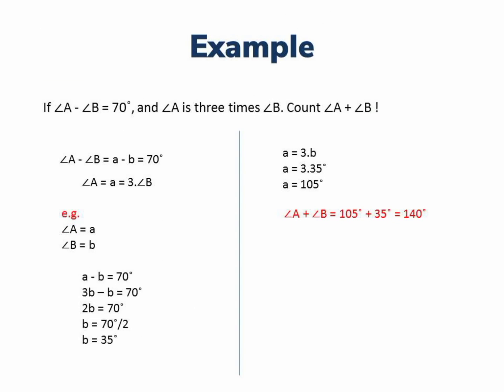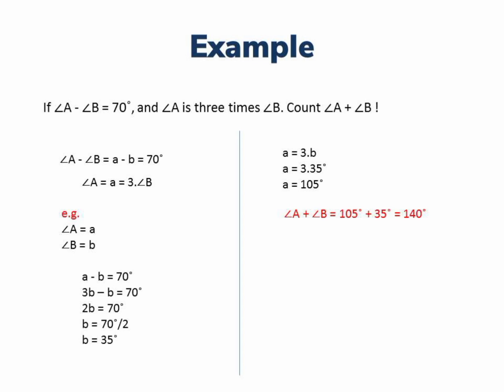The third example. The question is, if angle A minus angle B equals 70 degrees and angle A is 3 times angle B, count angle A plus angle B. The first step, we can do this.